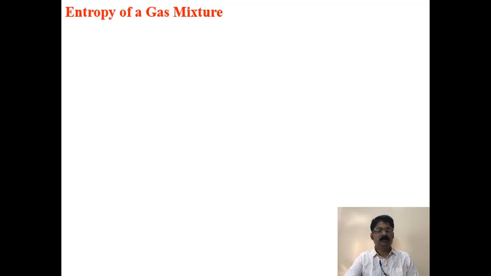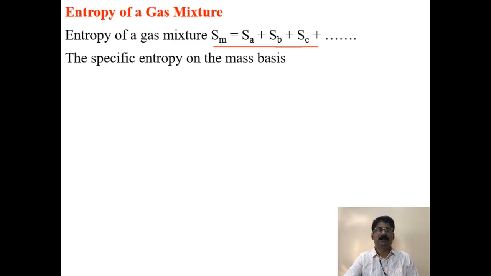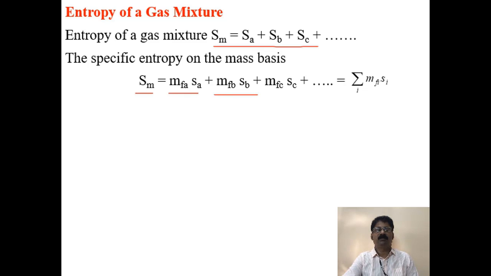Now let us come to the entropy of the gas mixture. You know that the entropy of a gas mixture, Sm, is nothing but the entropy of the individual constituent gases, that is Sa plus Sb plus Sc. Suppose this is the total entropy. Now if you write on mass basis, Sm is equal to mass fraction of A into Sa, mass fraction of B into Sb plus mass fraction of C into Sc.